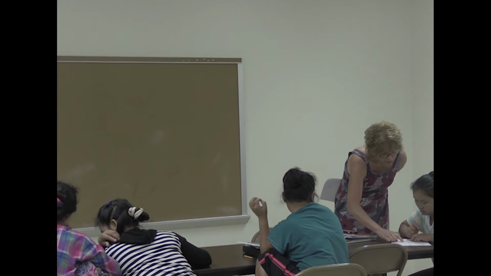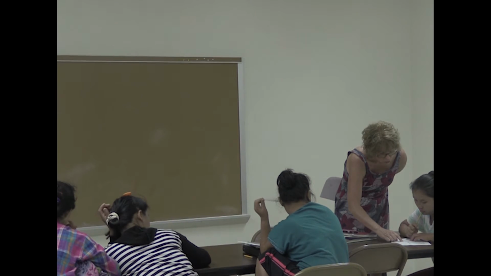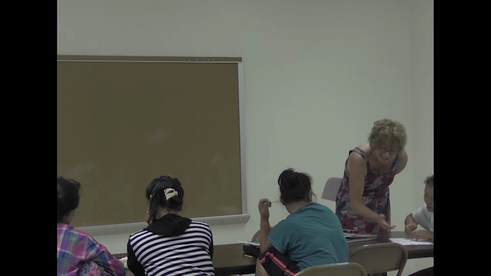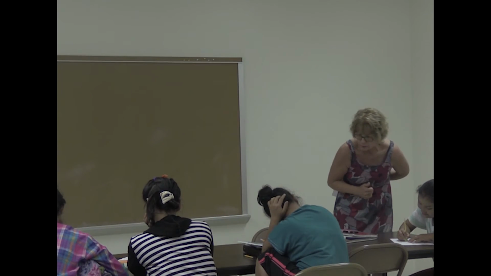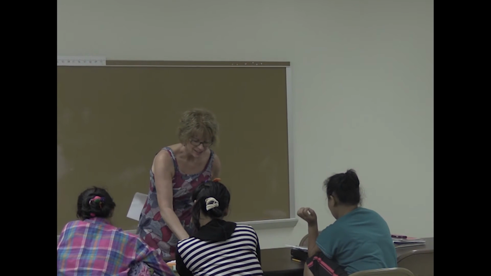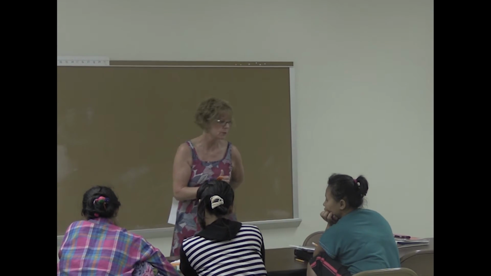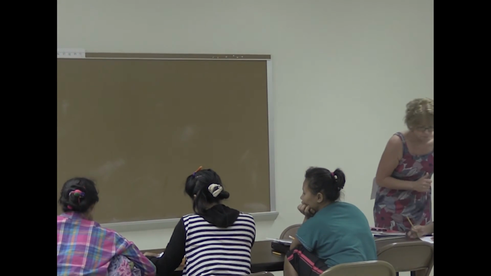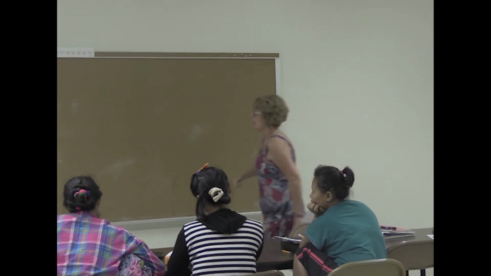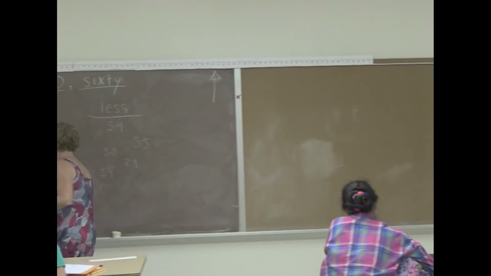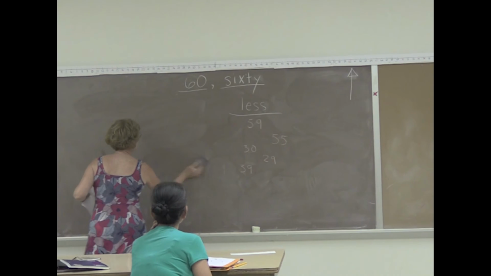Is this more or less? Are they the same? I don't want equal, I want more. Something a little bit more than 60. 70, good. 65 is more, 55 is good. Less.